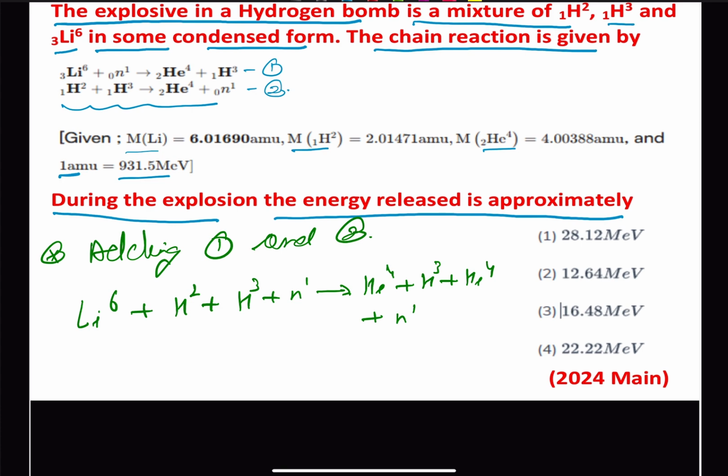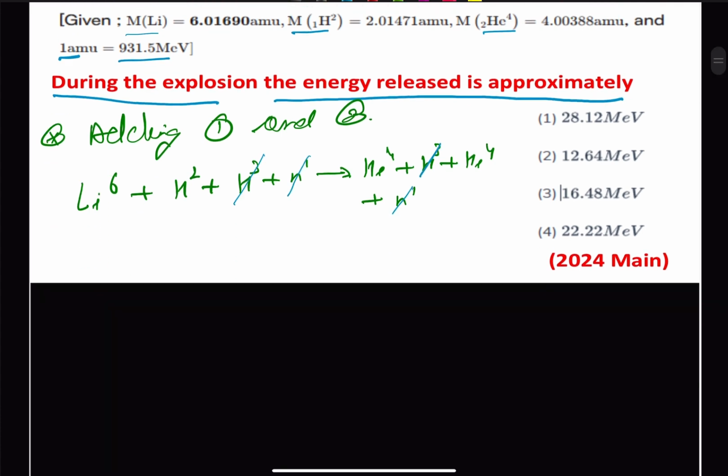In this case, the hydrogen-3 and neutron cancel out, and finally we get lithium-6 plus hydrogen-2 giving us twice helium-4.